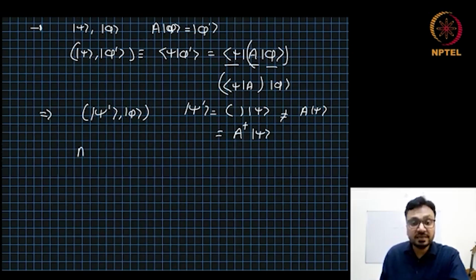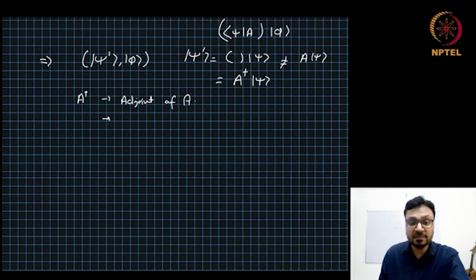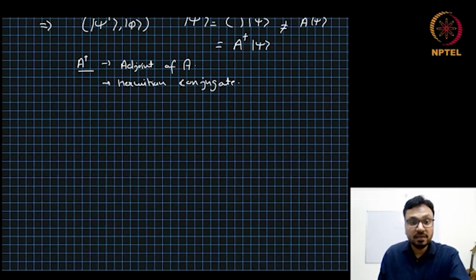So A dagger is called the adjoint operator. In quantum mechanics, we are more familiar with the Hermitian conjugate. So A dagger is the Hermitian conjugate of A.